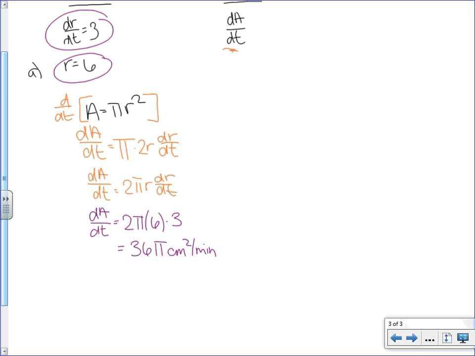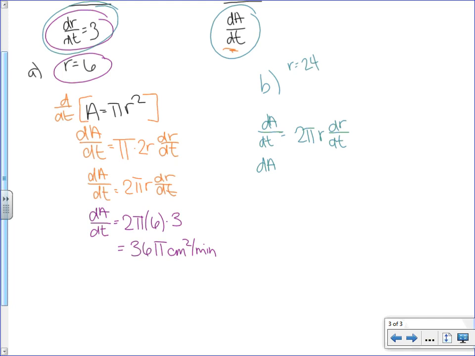And then part B is pretty much the same thing. I'm still going to do area, all right? But instead, for part B, they have that r is equal to 24. But I still want dA/dt, and this is still my dr/dt. So I'm still using dA/dt equals 2 pi r dr/dt, except now I'm plugging in 24 instead of 6.